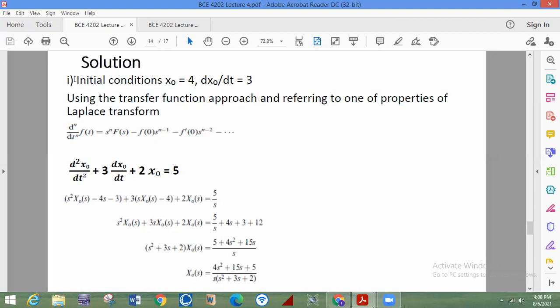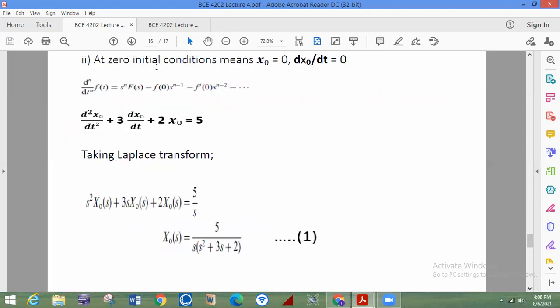Okay, this was Roman 1 applying initial conditions as this. So we shall go to Roman 2, where we are required to use initial conditions of x naught equaling to 0 and our first derivative equaling to 0.